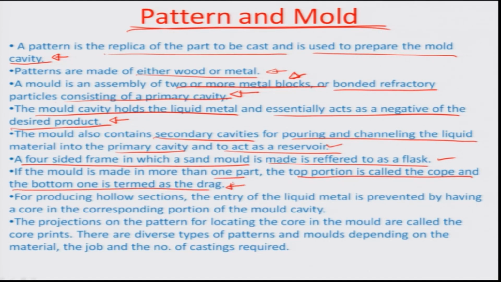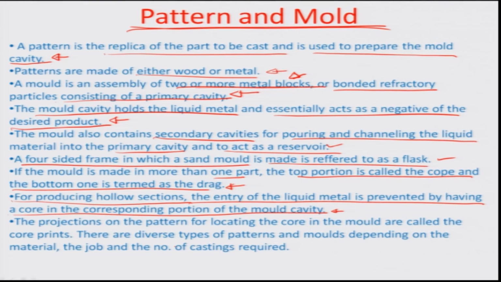And for production of hollow sections, the entry of the liquid metal is prevented by having a core in the corresponding portion of the mold cavity. So, supposing you wanted to make a hollow object. So, obviously, you would like that the metal does not go into that part of the mold where there needs to be a hollow.